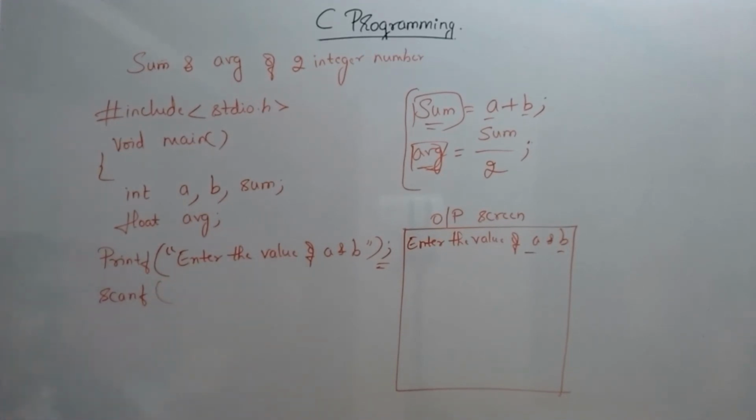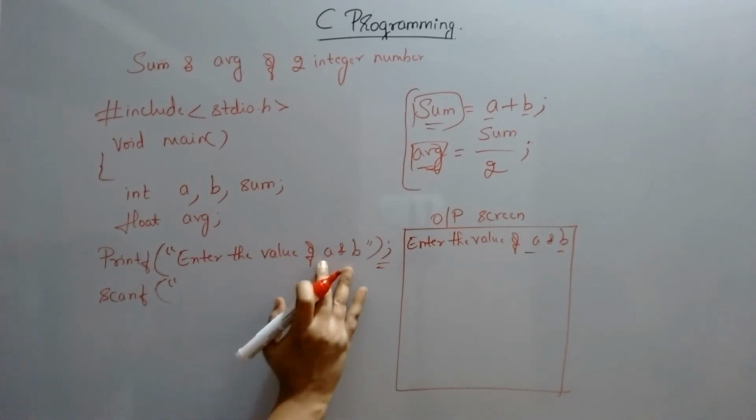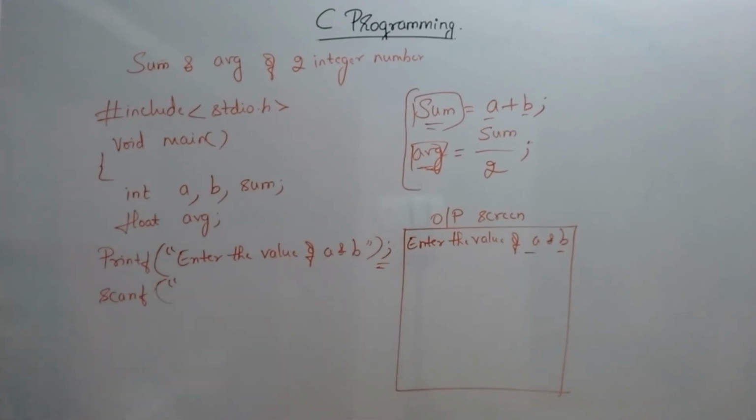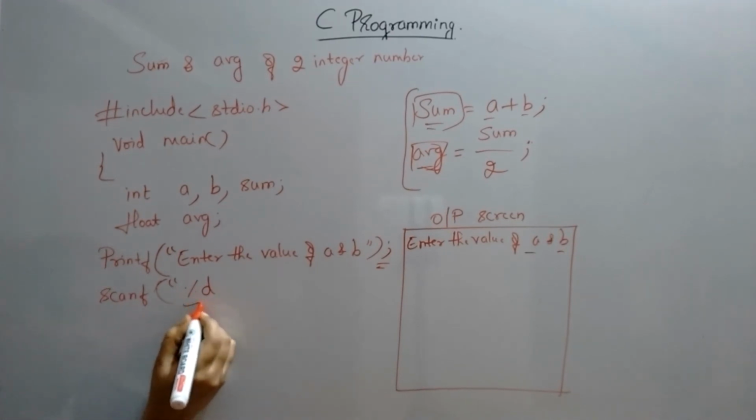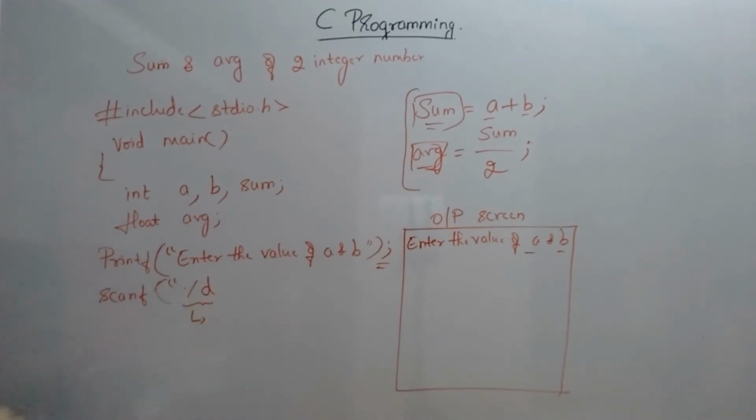And how to write the scanf statement? Similarly, with the opening brace, I am going to put two double quotes. See here, I have two variables, A and B. I am going to write here %d. What is this %d? This %d indicates that the user is entering integer values.